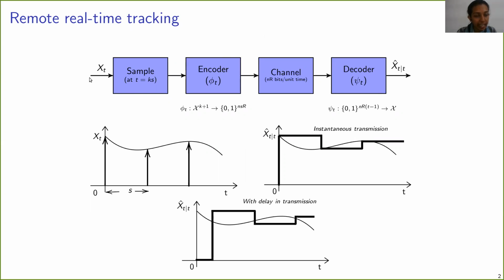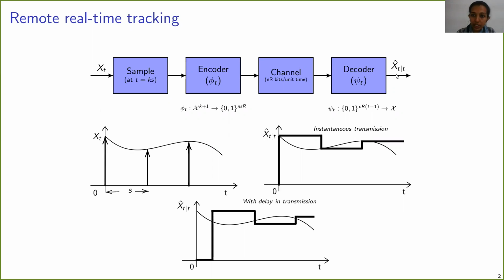We have an n-dimensional process xt sampled periodically. So this is illustrated in this first figure for a single dimension. Ideally, we need to communicate these samples across a channel and obtain a real-time estimate of the process at the decoder.